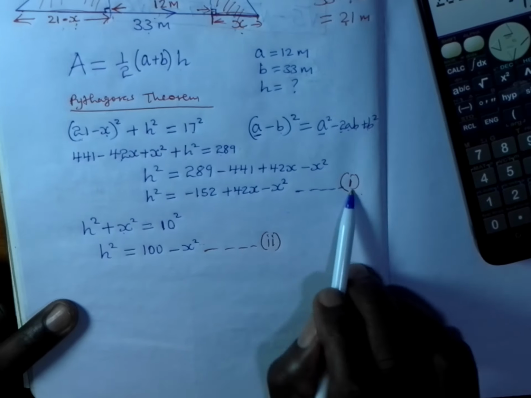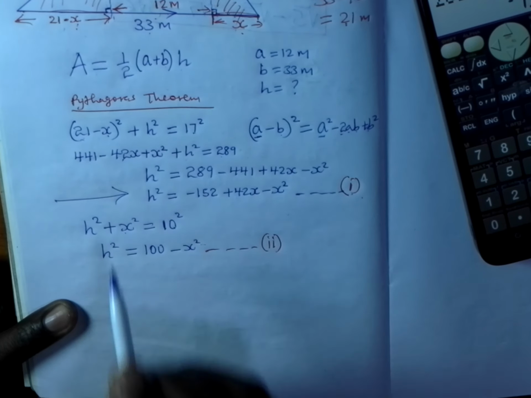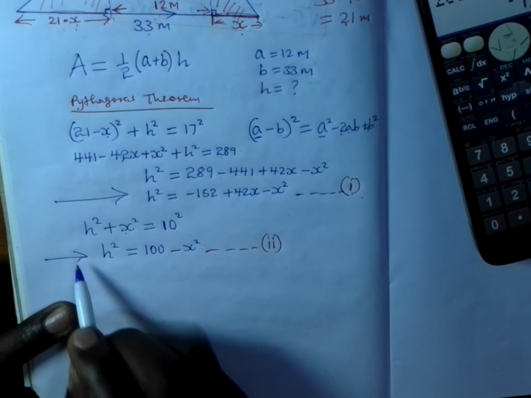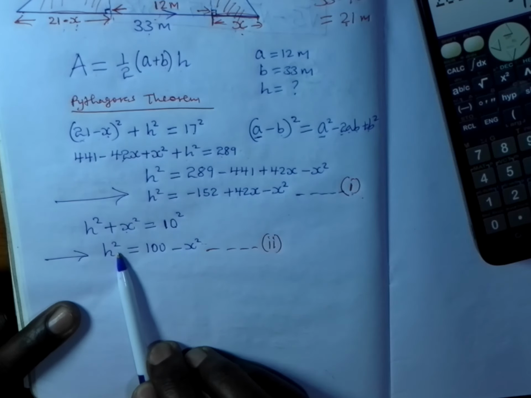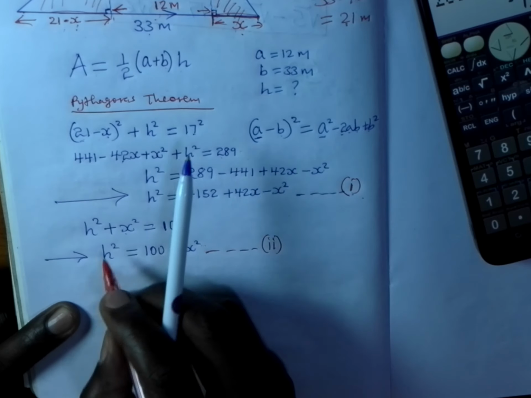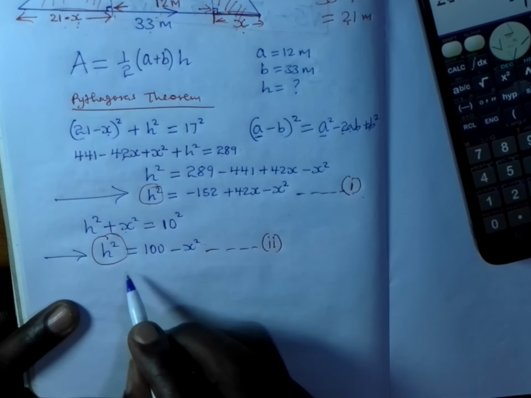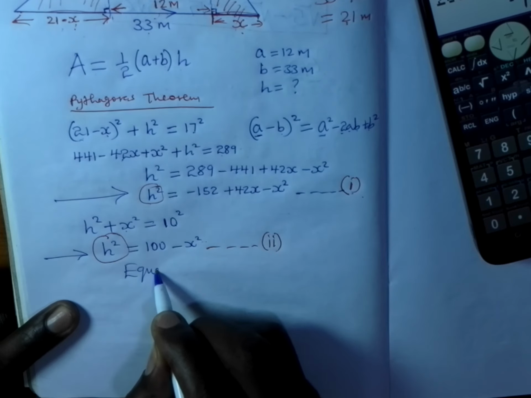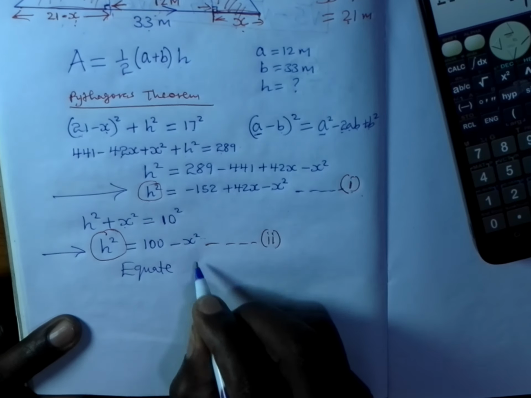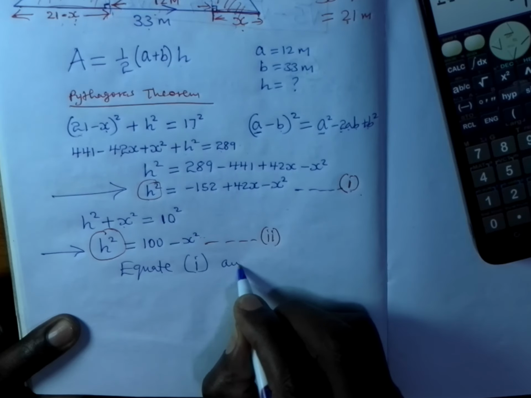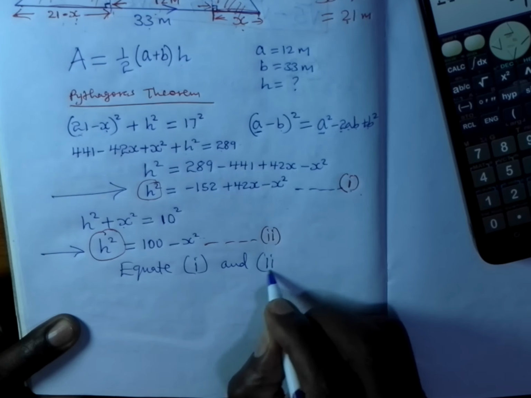So now in our first equation and in our second equation, we can see on the left hand side we have h squared. So we are going to equate equation 1 and equation 2.